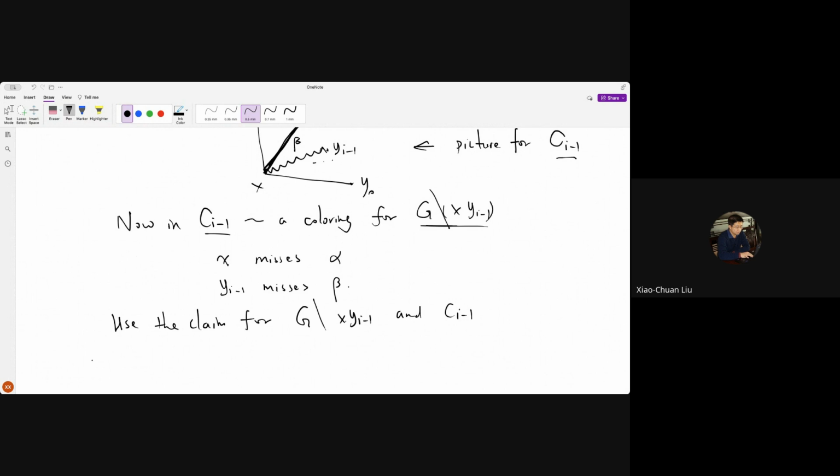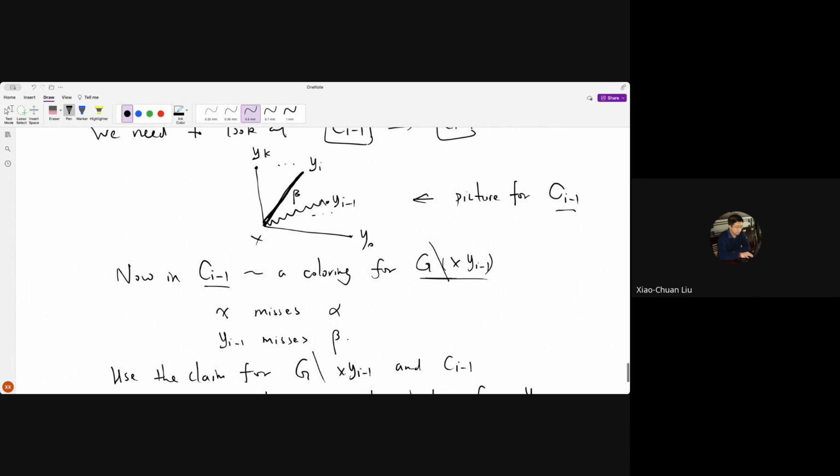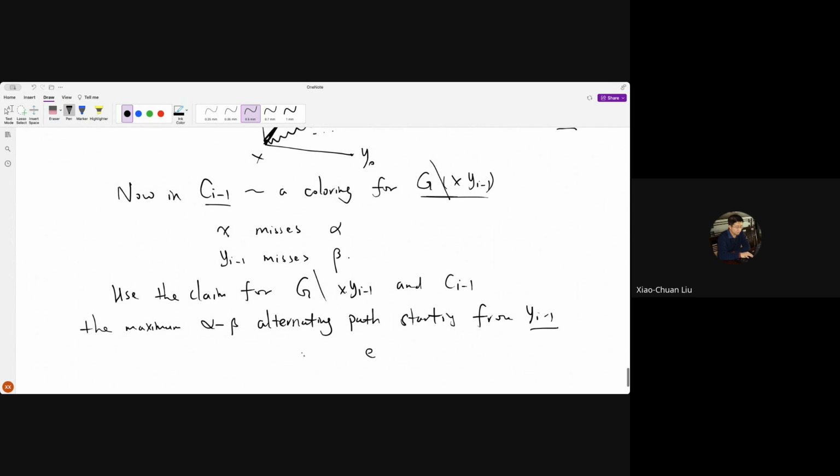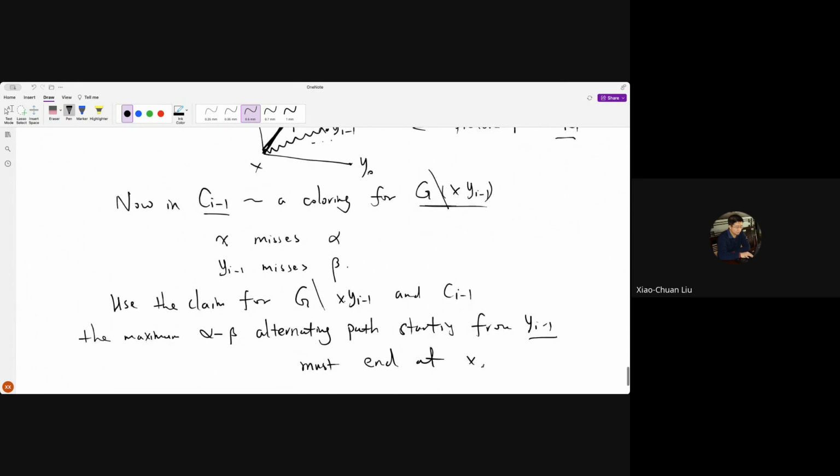So let's repeat: the maximum alpha-beta alternating path starting from y_{i-1}. Now, the non-edge is this non-edge. Starting from y_{i-1} must end at x. But here is a contradiction.